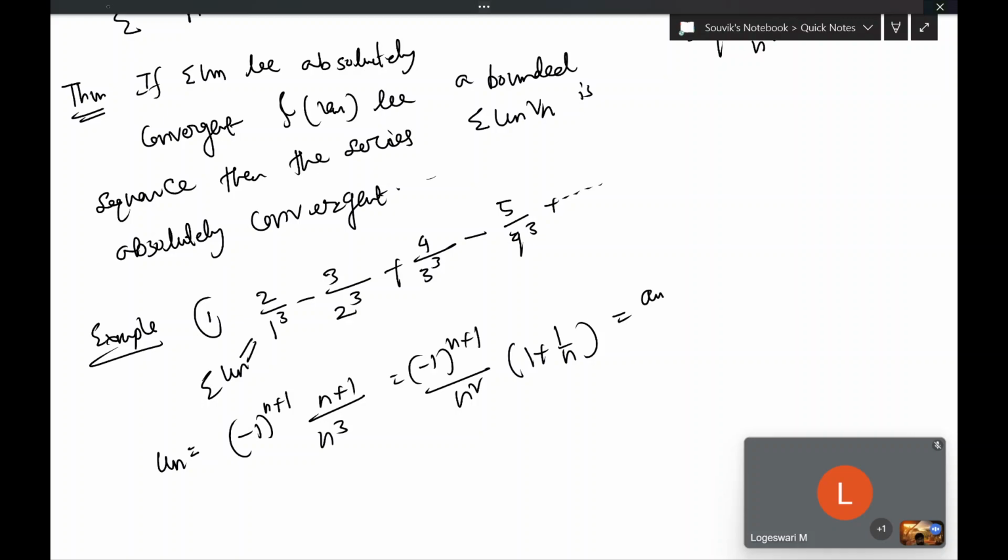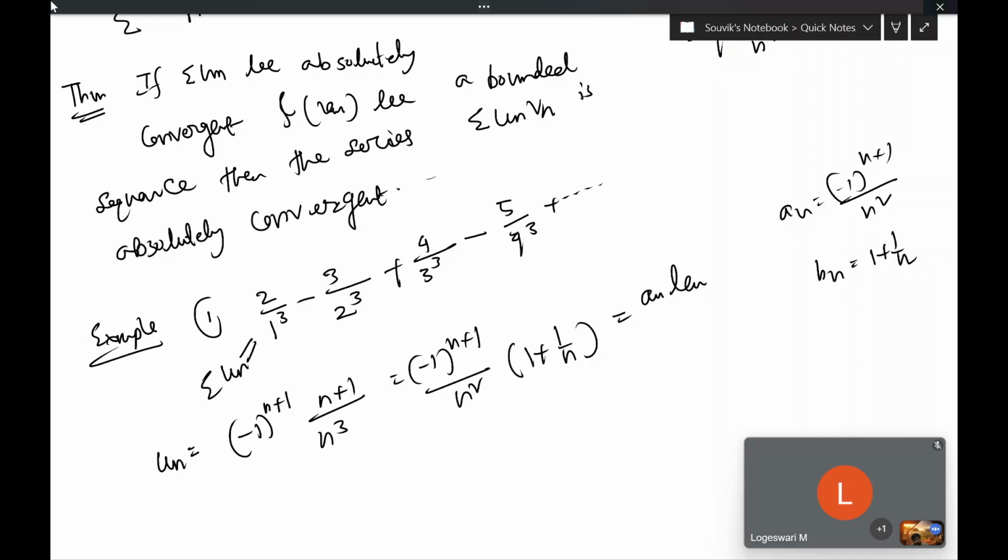We can write it as a_n b_n, where a_n is minus 1 to the power n plus 1 by n squared and b_n is 1 plus 1 by n.